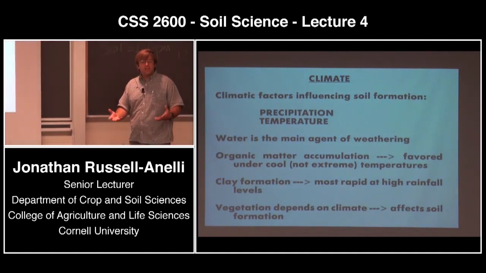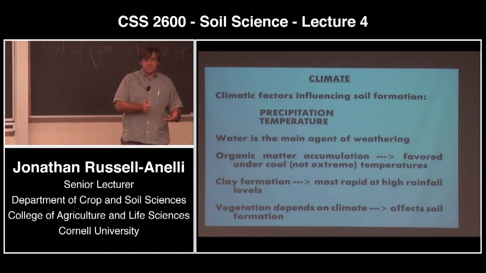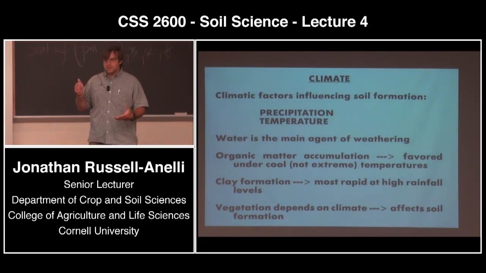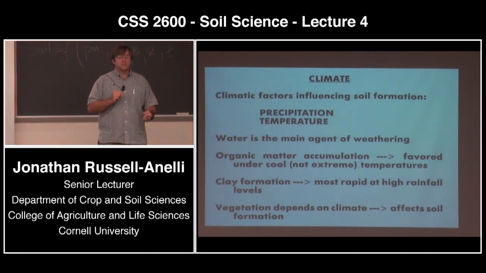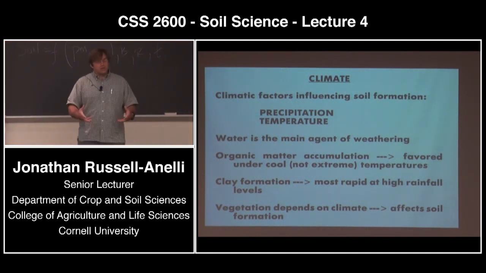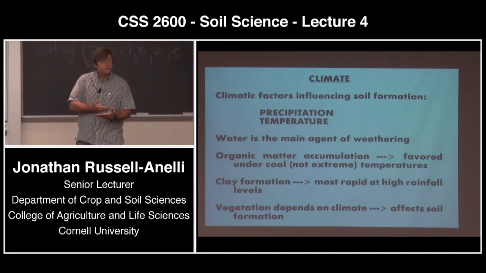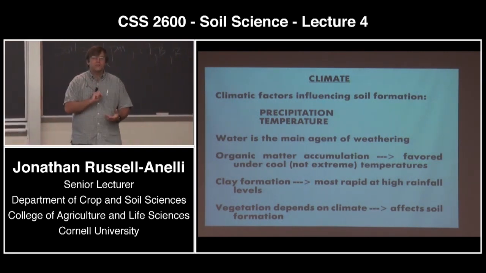Has anybody ever heard of the Q10 rule? For every 10 degrees Celsius that the temperature increases, reaction rates increase by 2. So I start on the tundra and I've got water. It's a spring day, so let's say it's just 1 degree Celsius, just above freezing.